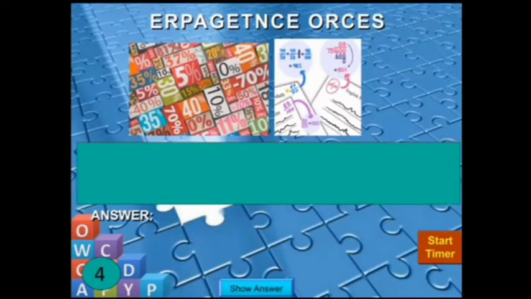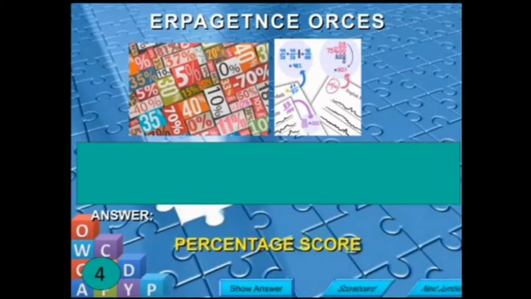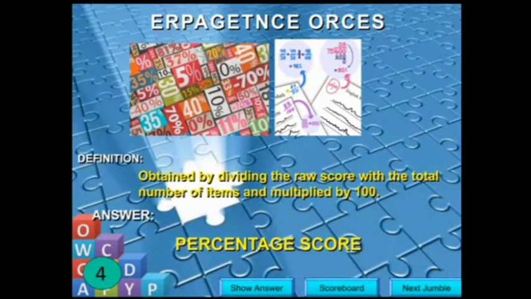Round 4. Time starts now. The answer is percentage scores. It is obtained by dividing the raw score by the total number of items and multiplying by 100.